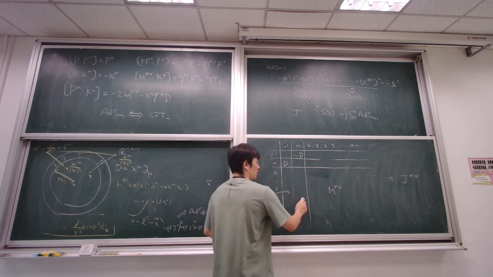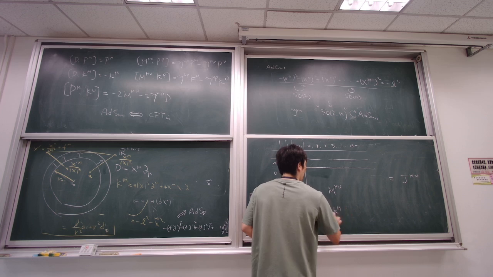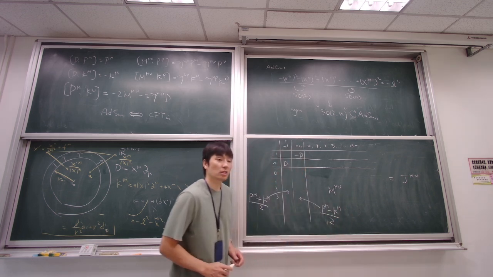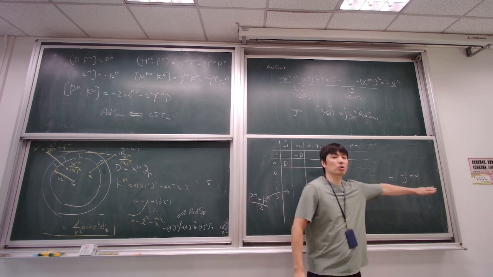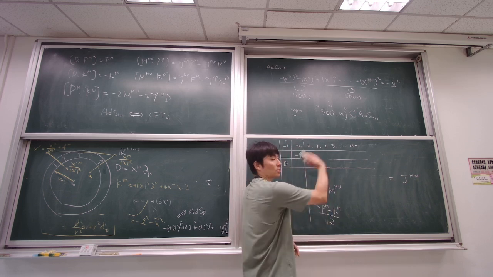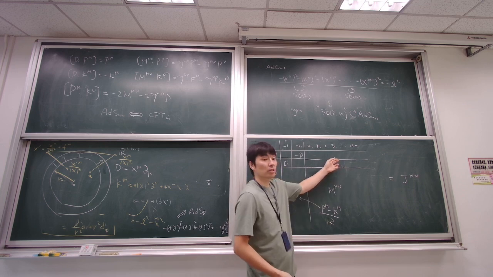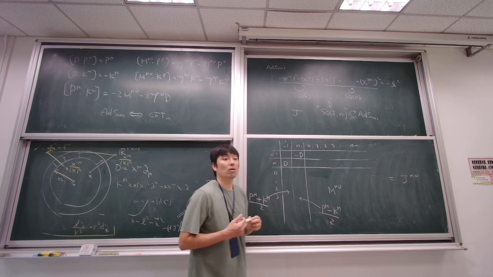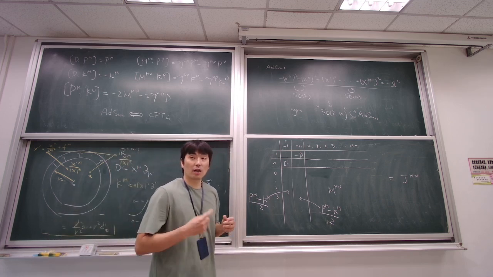And in this entry, you have P_mu minus K_mu divided by 2. These are entries for the big SO(2,n) matrix, and everything should be anti-symmetric, so this one is minus of this one, and so on. Anyway, those are the generators of the conformal symmetry.